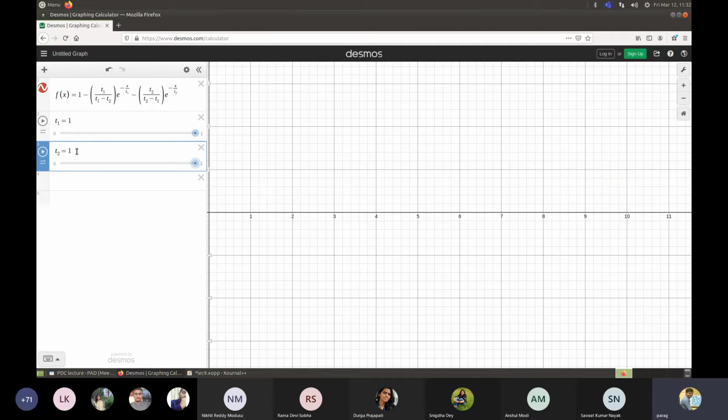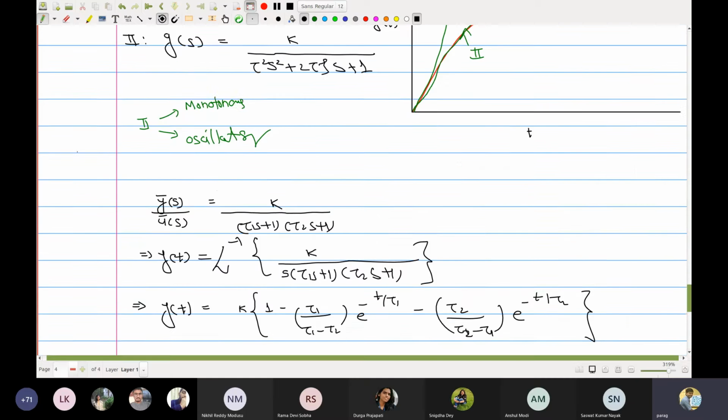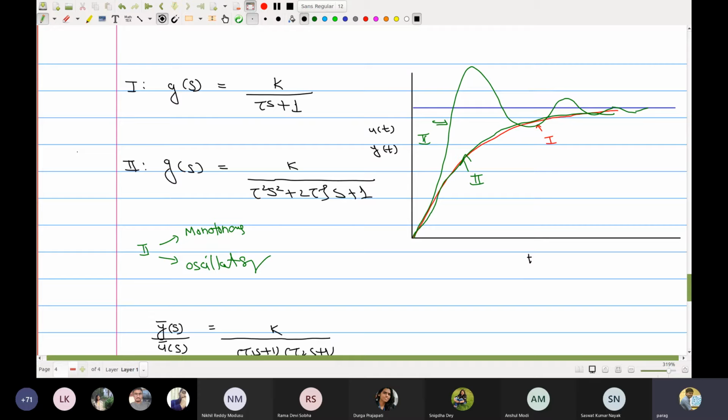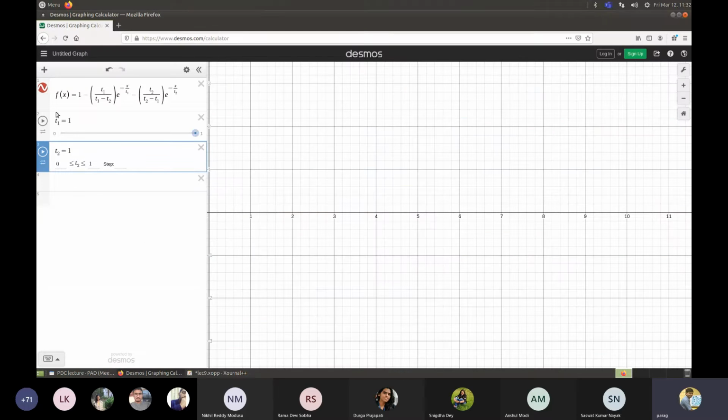What should happen is that you should in principle get all these kinds of behaviors, monotonous as well as oscillatory. Let's see whether it happens or not. Let me animate, and you see for every possible combination of these parameters. Let me make it 10 so that you can see larger changes.